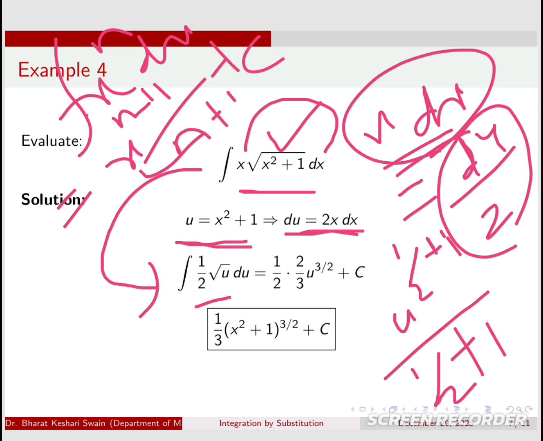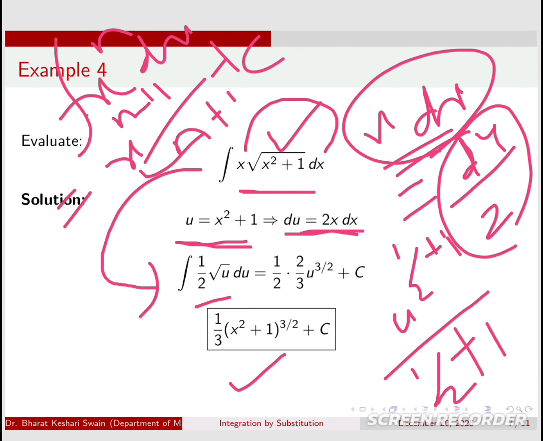So this formula we can apply here. It is u to the power 3 by 2 divided by 3 by 2, which will be 2 by 3 multiplied, plus c. And putting the value of u again, the result will be 1 by 3 times (x square plus 1) to the power 3 by 2 plus c.